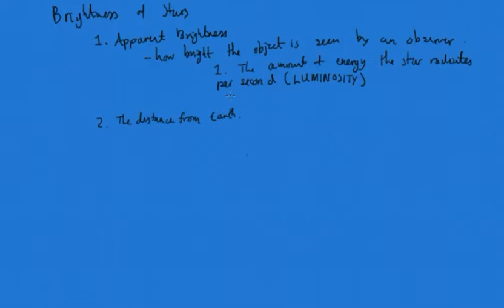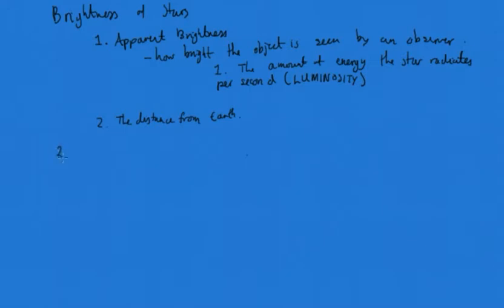But the brighter star might in actual fact be less luminous than the dimmer star, because if the dimmer star is much further away, it's travelling further through space to get to us, which makes it look dimmer, which is intuitive. Therefore, the apparent brightness is not the most useful method of classifying the brightness of the star.